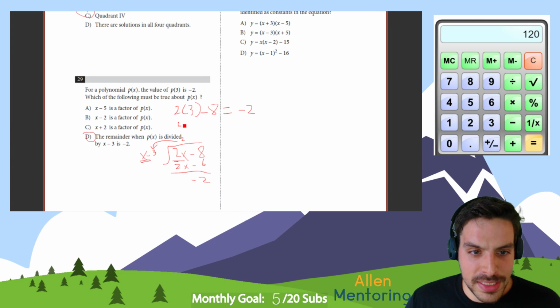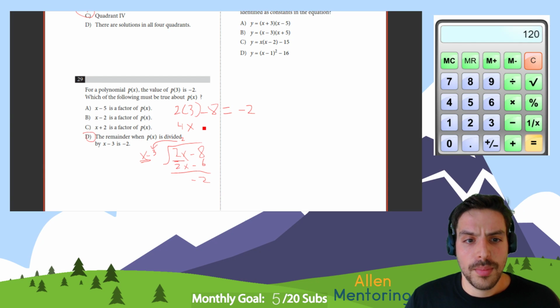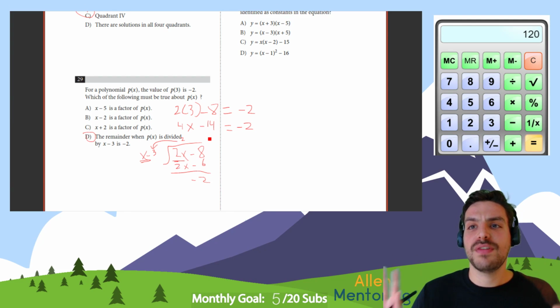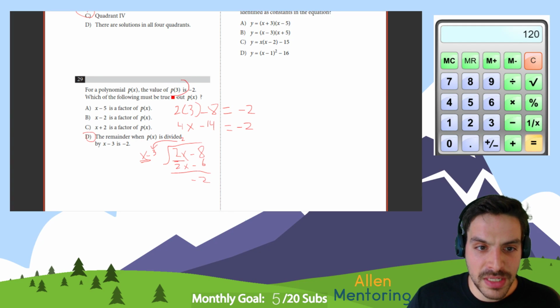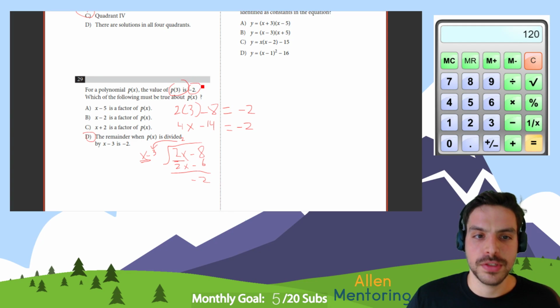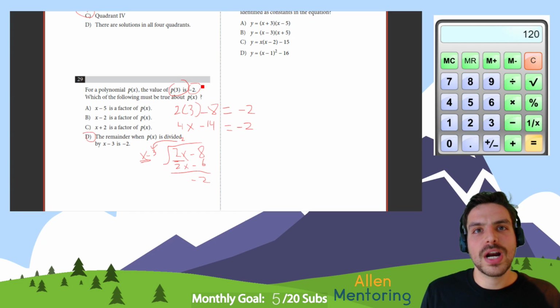So let's say I decided to do 4x minus 14. That would work also, right? Because 4 times 3 is 12, minus 14 is -2. So I picked any random function where if you plug in 3, because p of 3 is equal to -2, it works. So that's a bit more complicated.